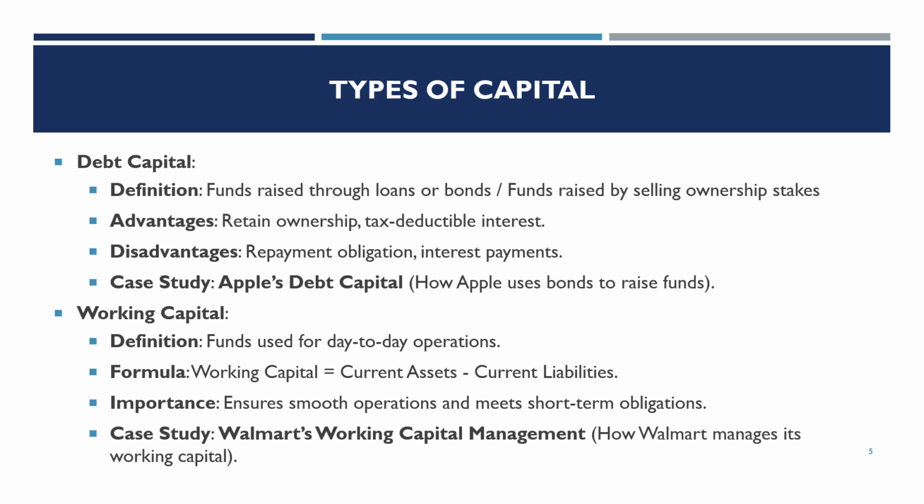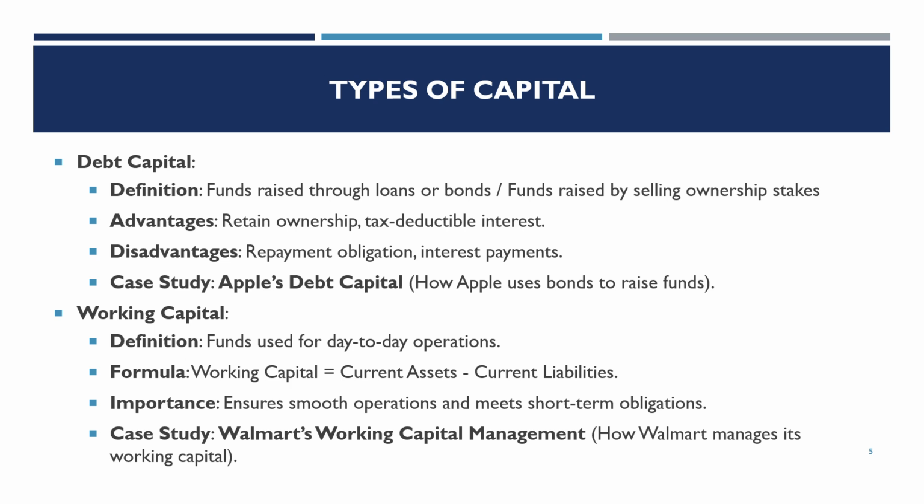Here you can take the case study of Apple. Apple has used debt capital by issuing bonds to raise funds for its operations and share buybacks. Now the third capital is called working capital. This is the fund used for day-to-day operations. You can calculate it: working capital is current assets minus current liabilities.